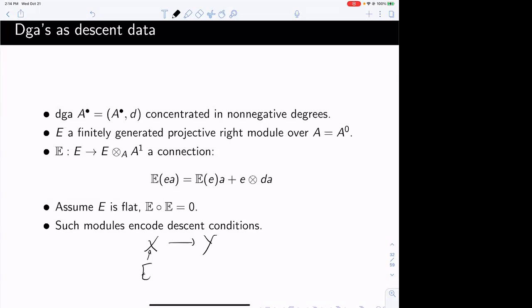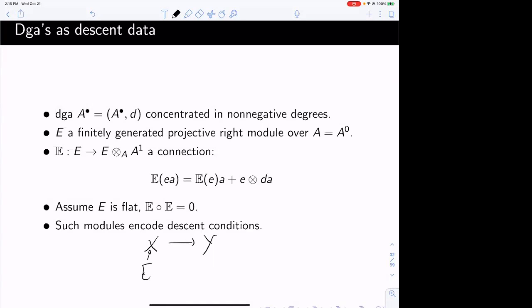Okay, so here what I want to point out is that if you have a differential graded algebra, and you look at flat connections, I'm going to call a module over a DGA a finitely generated projective right module over A. I'm going to use plain A to be A0, so it's like the functions.